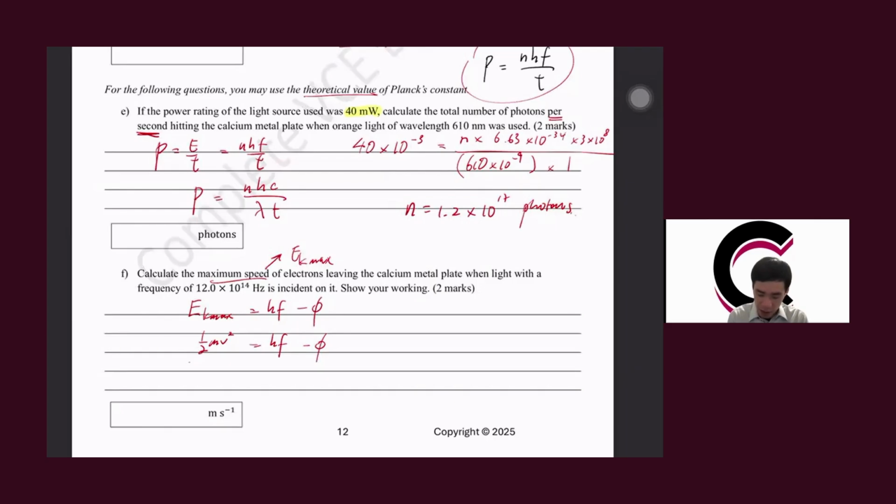So look, this is going to be a long equation. H, you can use the theoretical value. Make sure you use the one in joules. Frequency is given, 12.0 times 10 to the power 14, minus the work function. The work function has to be the one converted into joules, of course.